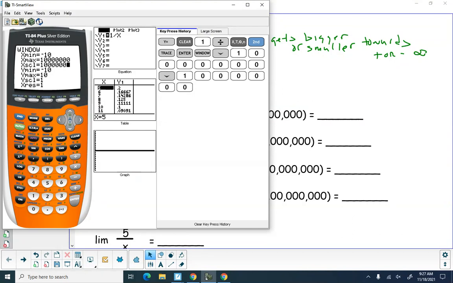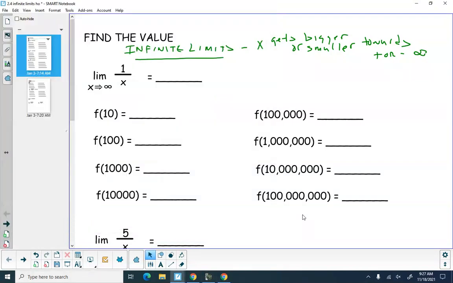So if I go to second and calculate my values, I don't have a bunch of hashes there. I'm spacing out every million. I'm going to calculate them at 10, 100, 1,000. I'm going to get my x value bigger and bigger. I just have 1/10. We have 1/100th.